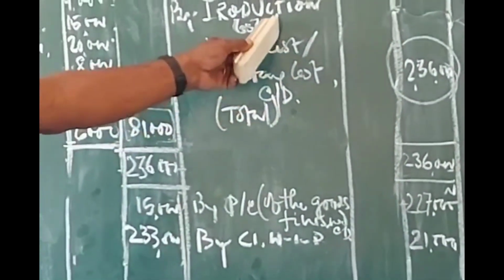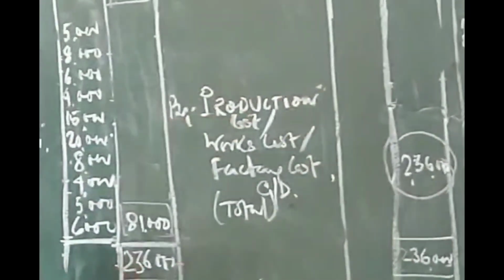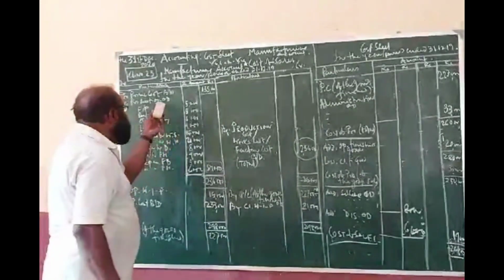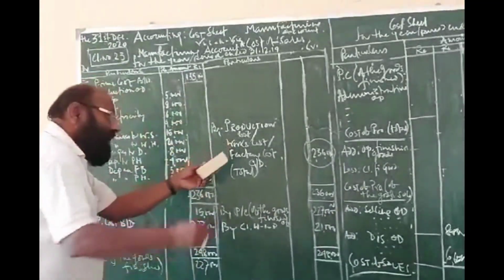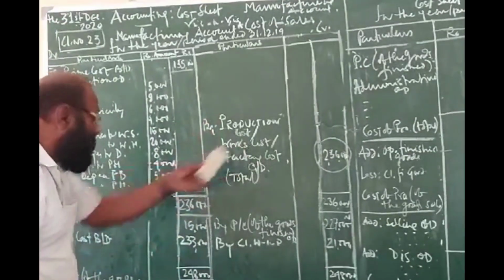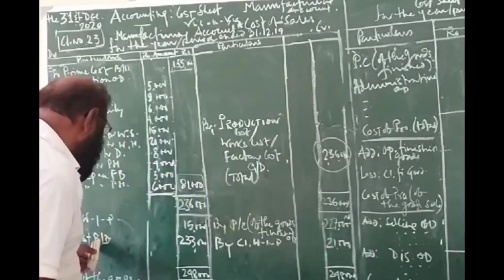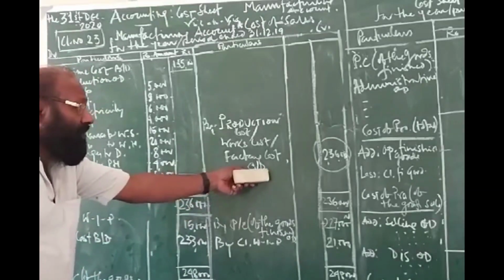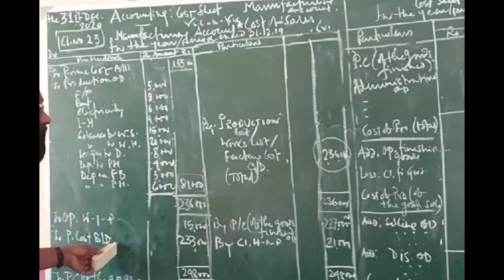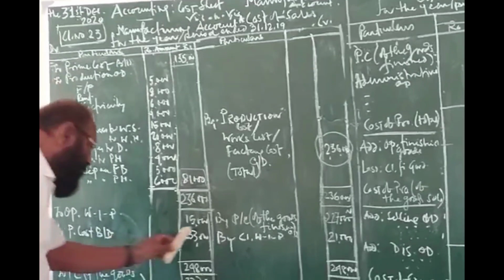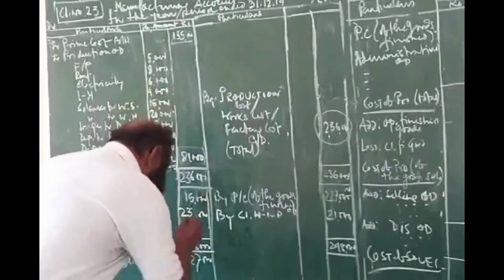This is the production cost. Production cost has two elements: prime cost and production overhead. This production cost has been carried down and brought down to the debit side of the manufacturing account, and it should be 2,36,000.